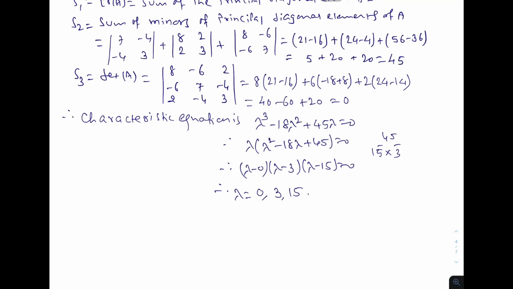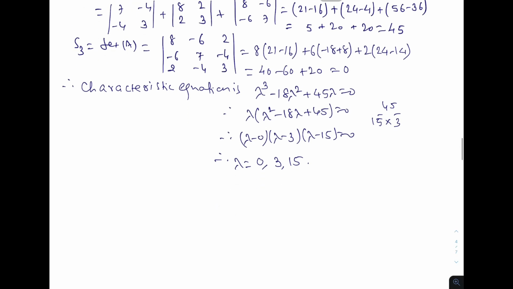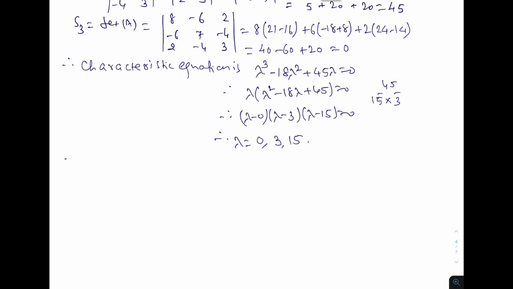We know the property of eigenvalues, that if you take the product then it will be the determinant, and here we can see that it is 0, and if we add then that is nothing but S1, the trace, and that is also 18 here, so we can see that this verifies our eigenvalues are correct. Now we find the eigenvector for each corresponding eigenvalue.